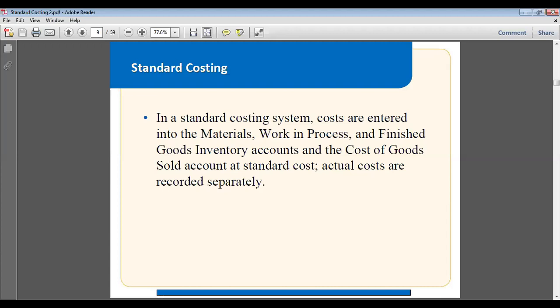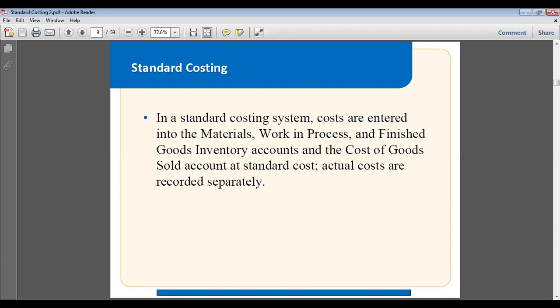Cost of goods sold is accounted at standard cost, and actual costs are recorded separately. So the inventory accounts and cost of goods sold are accounted at standard cost, and actual cost, that is how much the actual cost of the product is, is recorded separately.